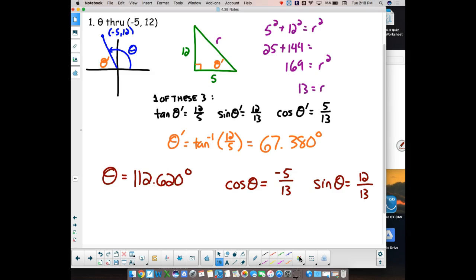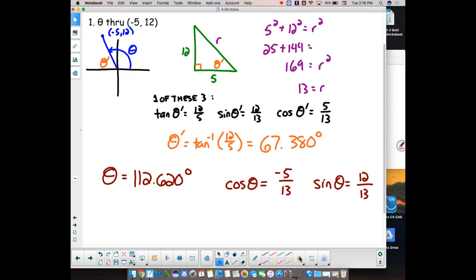In terms of tangent, now, tangent on the unit circle was what? Y over x. Okay. What's another definition of tangent? Y over x or sine over cosine, right? Okay.